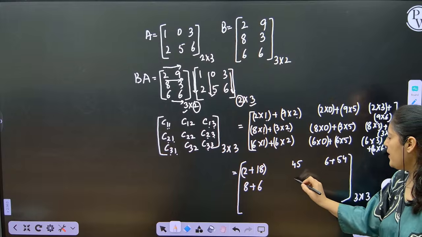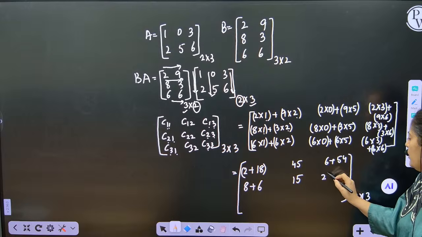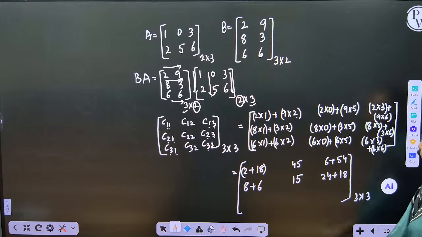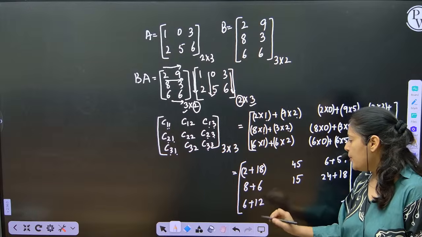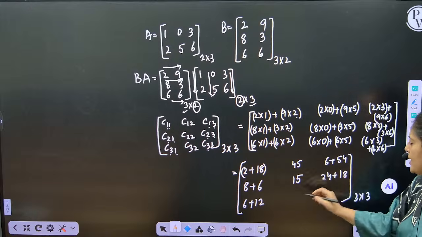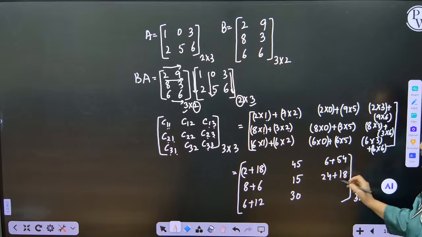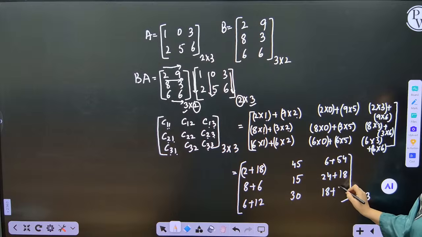Zero, 3 fives are 15. 8 threes are 24, 3 sixes are 18. 6 ones are 6, 6 twos are 12. 0 and 6 fives are 30. 6 threes are 18, 6 sixes are 36.